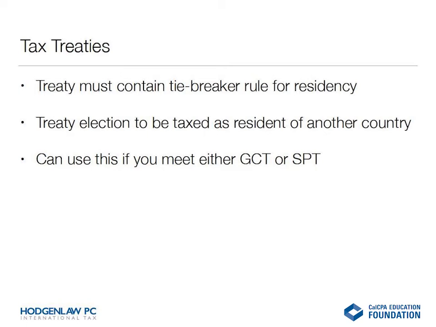And the treaties I've seen, there's usually a section where it sort of walks you through, here's how you can tell which contracting state you are a resident of. So you would use that and then file Form 8833 with your tax return, claiming those specific provisions of the treaty, and that would basically have the effect of you electing to be taxed as a resident of that other country.